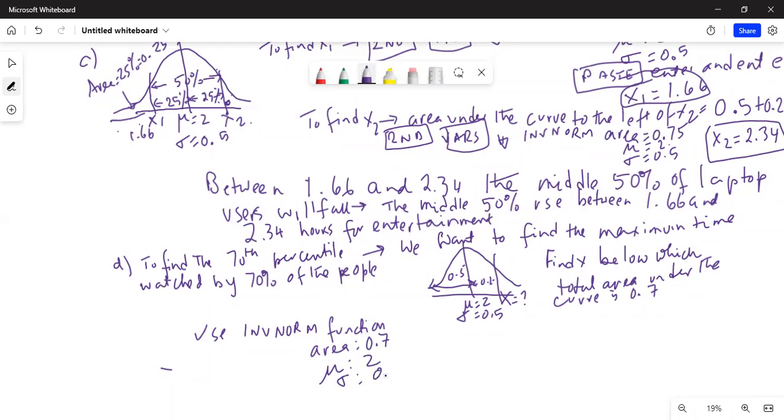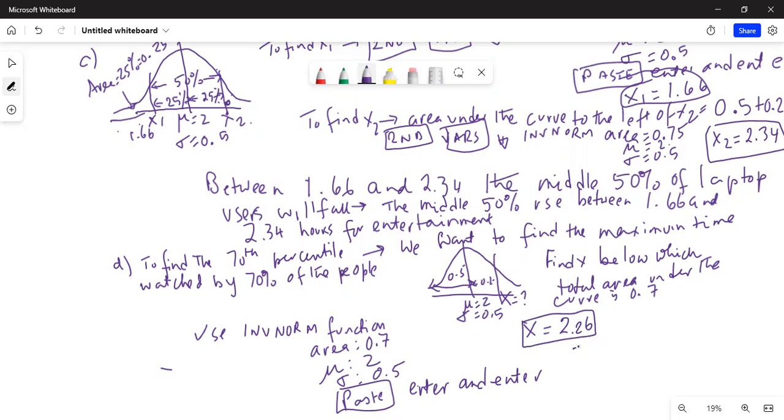Sigma also does not change, 0.5. Paste and paste. Enter and enter. Okay. So second verse 3, area is 0.7 now. And mean is 2, standard deviation is 0.5. Paste, enter and enter. And that answer, this value of x is 2.26.